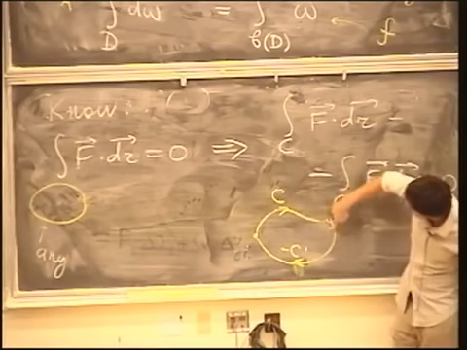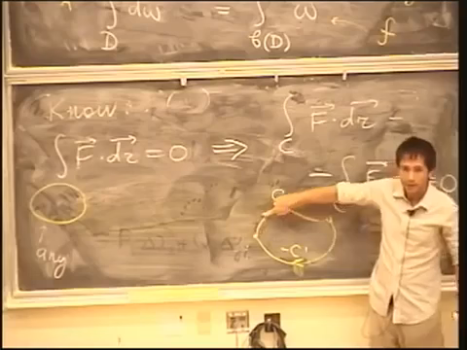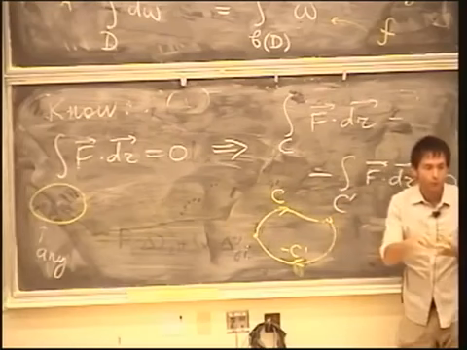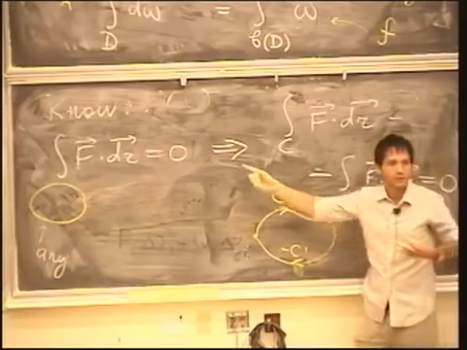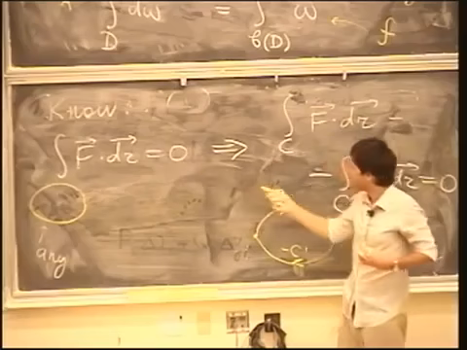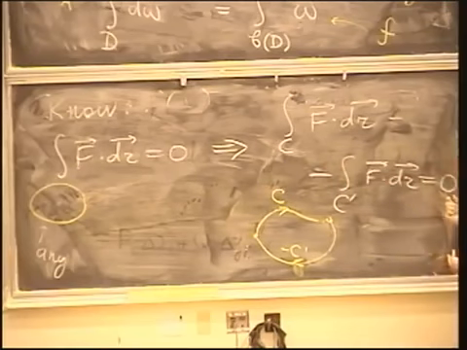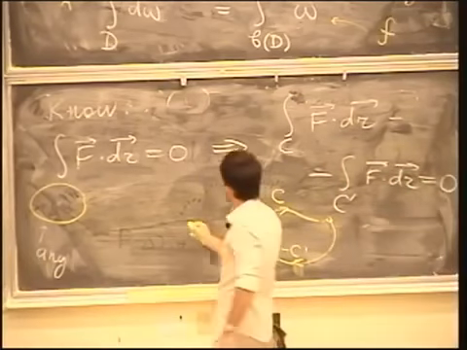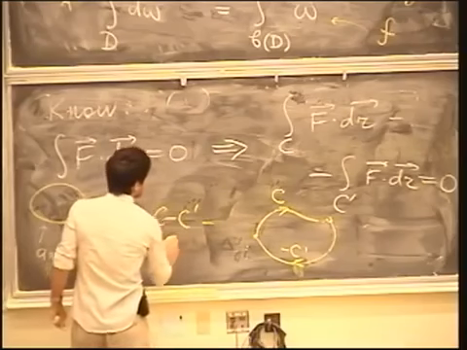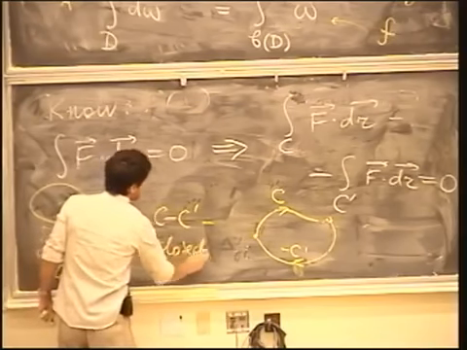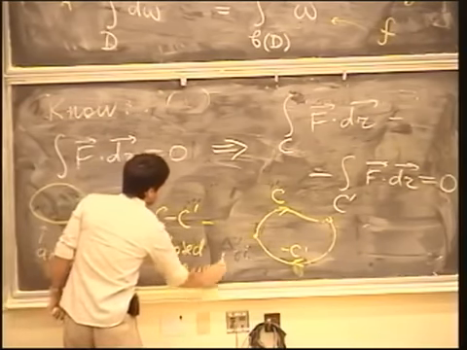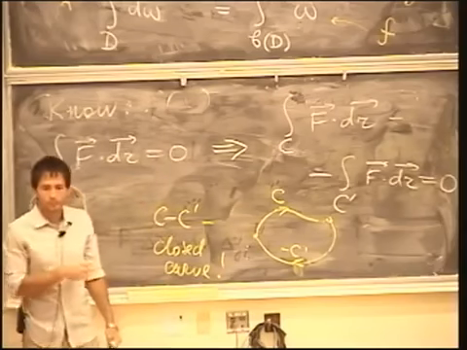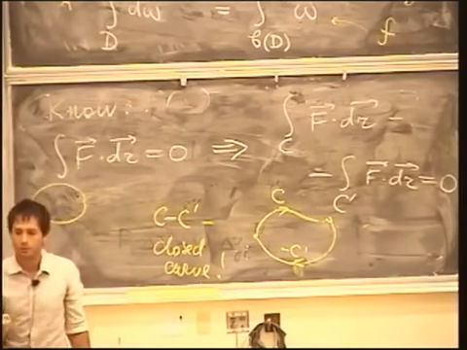So it means I go like this, I go like this. And these two curves together combine into a closed curve for which the integral is 0. You see, that's how I get that this is 0. So C minus C prime is a closed curve. Is this clear? Any questions about this?